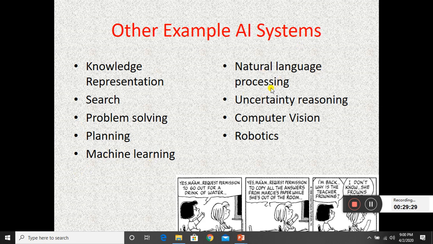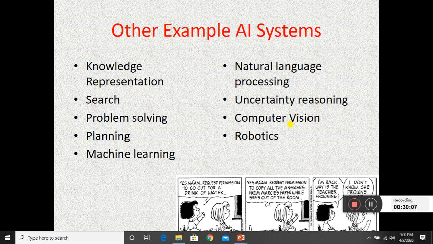Natural language processing: all human languages are called natural languages. Uncertainty reasoning is where we have the probability of whether something is positive or negative. The next is computer vision, anything based on what the camera is looking at.